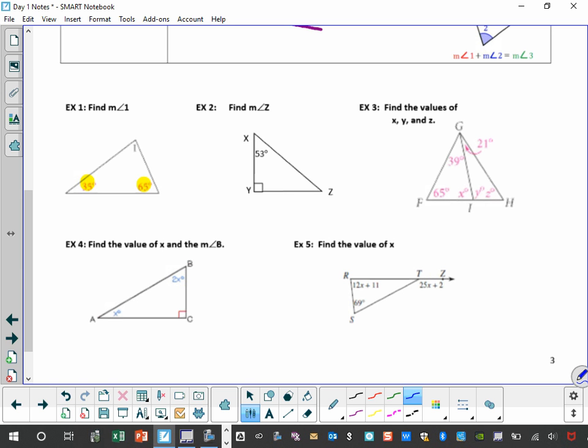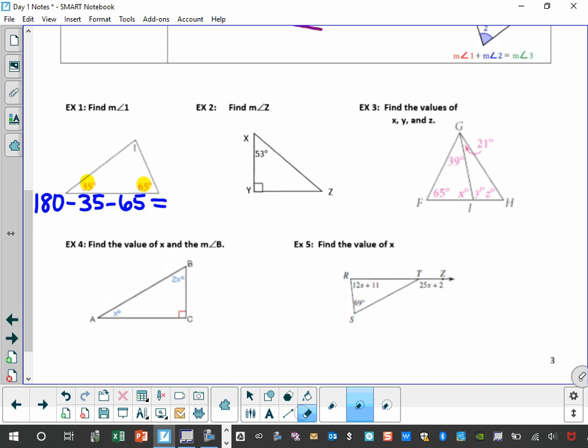If I need 180 degrees total, I'm going to subtract 35 and subtract 65. What are we left with for the measure of angle 1?